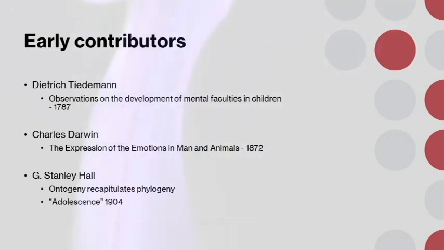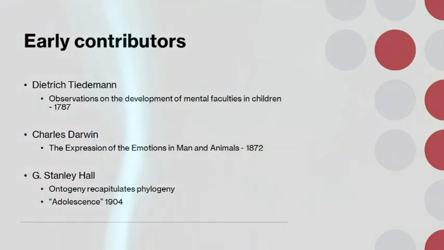Then we come to Charles Darwin. And Darwin, although he's renowned for his theory of evolution, also made significant contributions in the field of developmental psychology. In his book, The Expression of Emotions in Man and Animals, in 1872, Darwin explored the evolutionary origins of emotions and their expression across different species, including humans.